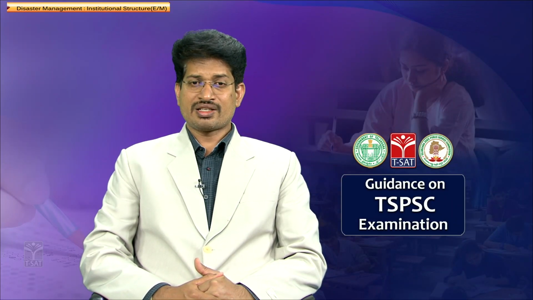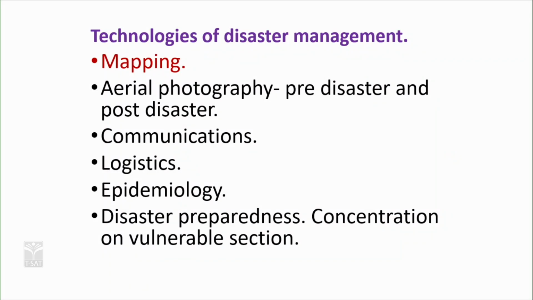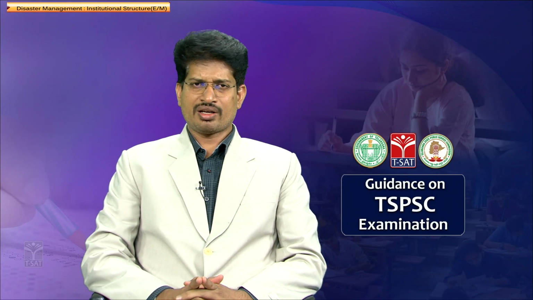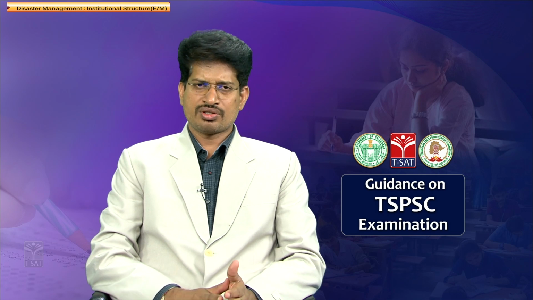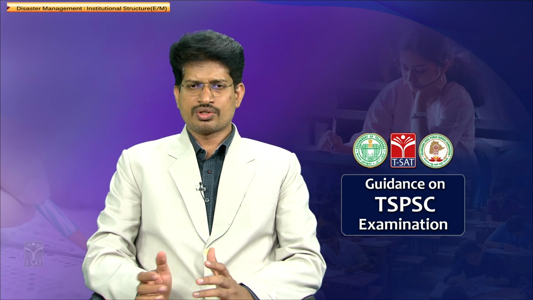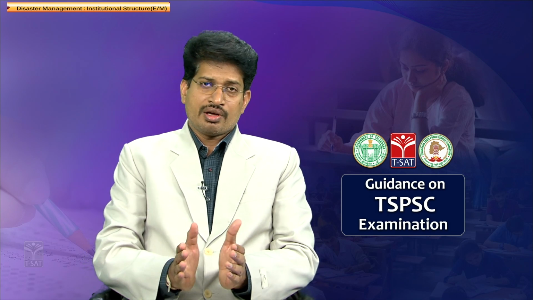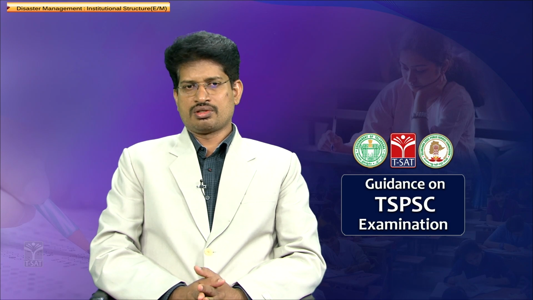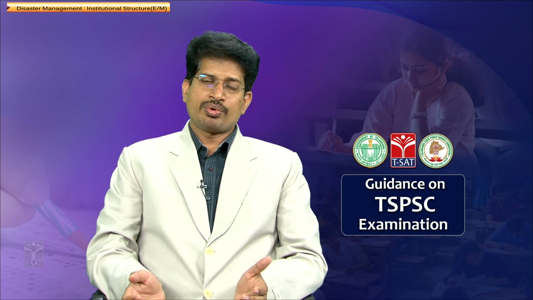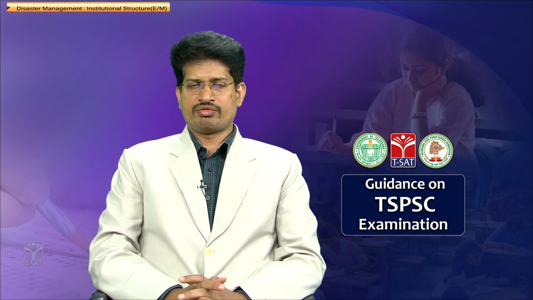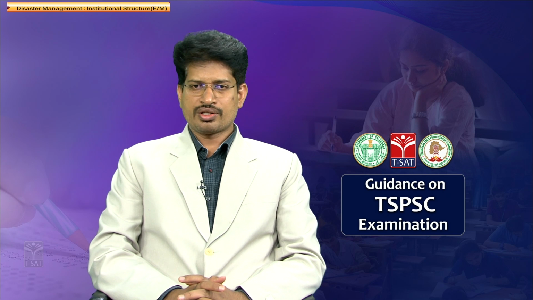Next, disaster preparedness. As I have discussed in the previous sessions, you need to have certain prepared mechanisms: storing medicines in advance, having alternative transport systems, having legislation is a preparedness, prepositioning personnel forces is a preparedness.